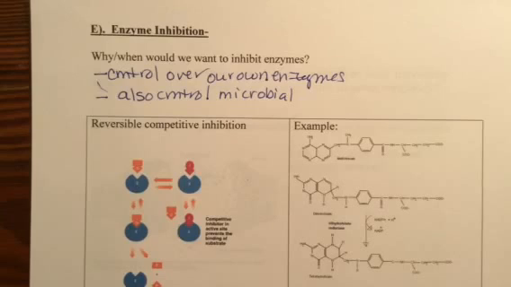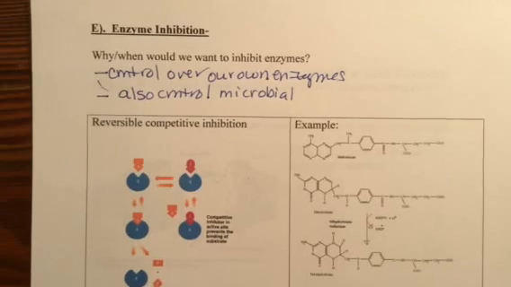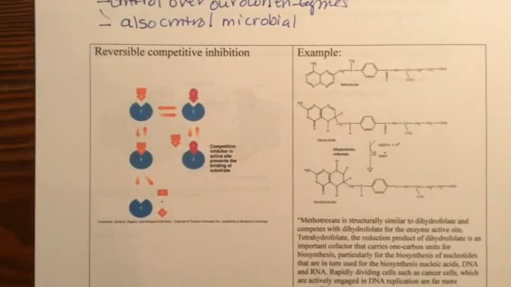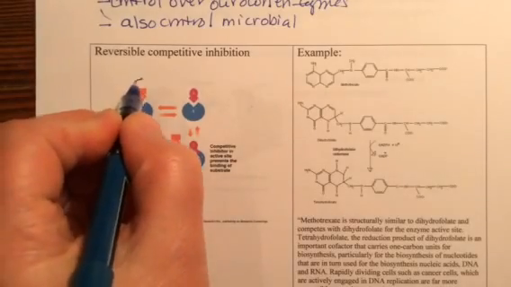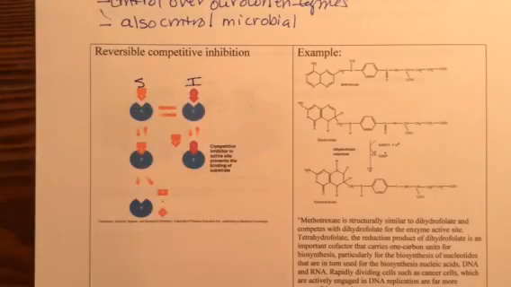So there are different kinds of enzyme inhibition mechanisms. And one is reversible competitive inhibition. Okay, so this one is the substrate and this one is the inhibitor.